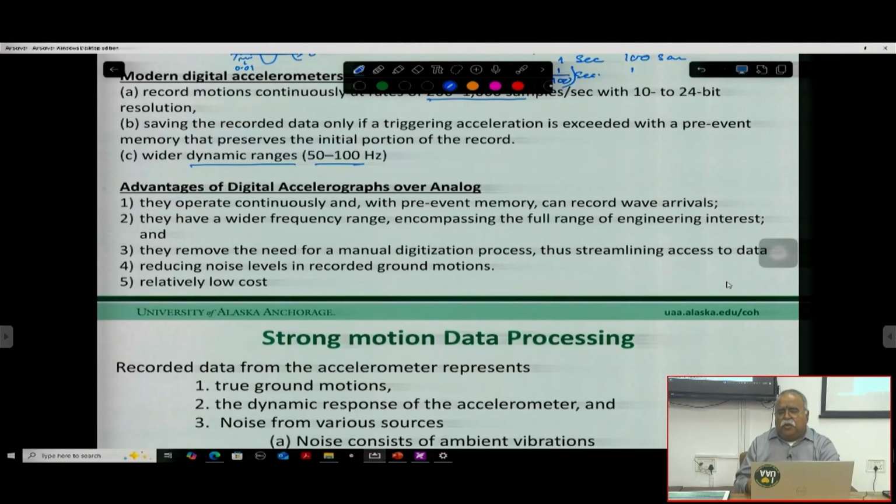Earlier, we had to spend around $10,000 to $15,000 to get an accelerometer. Nowadays each sensor component is $1,000, and then we have a $5,000 type of seismic recorder. It is as simple as that currently, right?